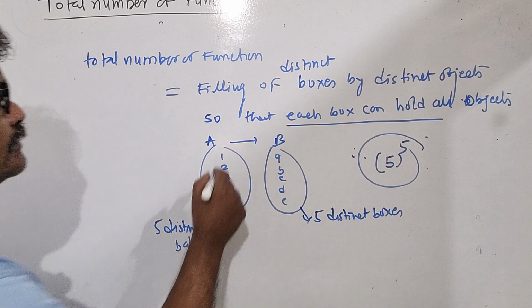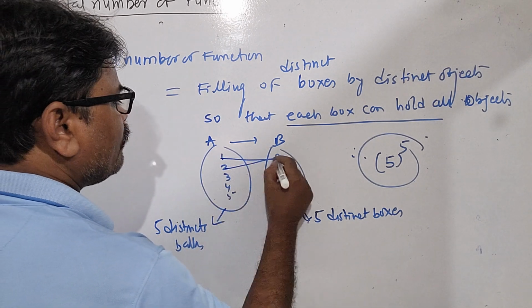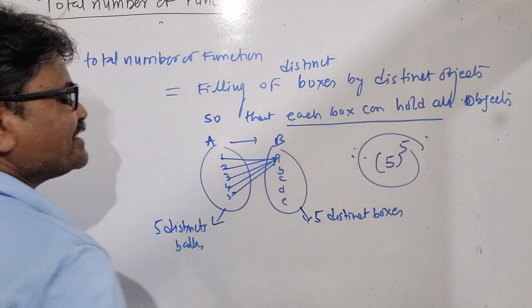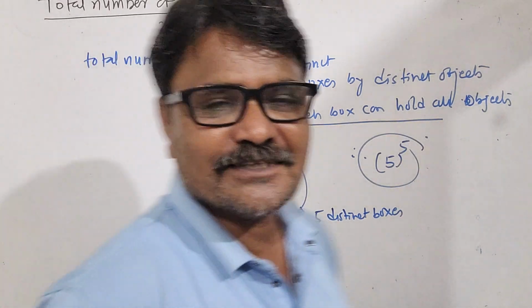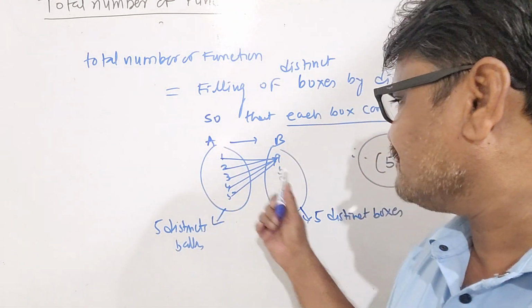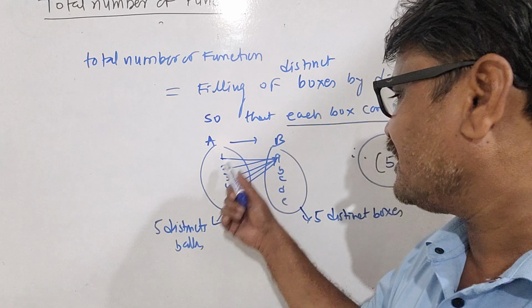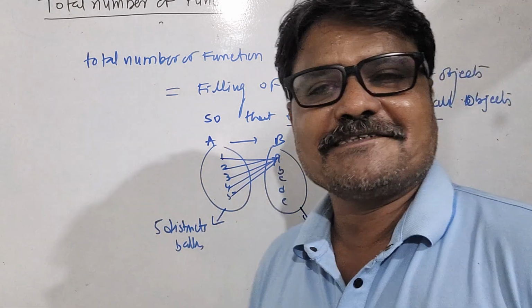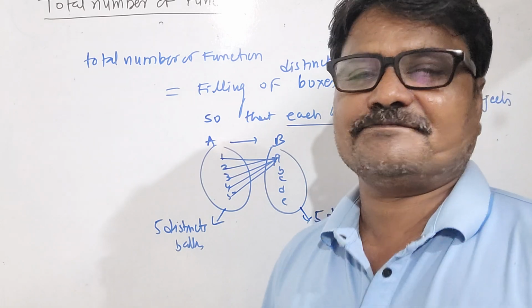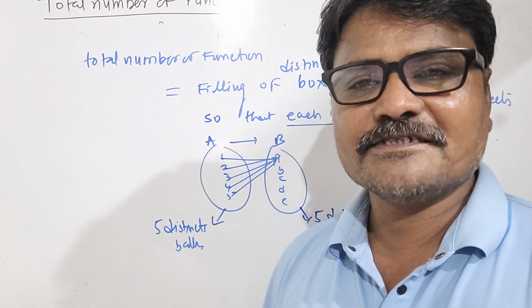For example, all the 5 balls can go to box number A. This is a very good constant function. No? Constant function. Okay. Another constant function we can have is that all the 5 balls can go to box number B. So that is the number of calculating the function. Okay, you can use this concept correctly.